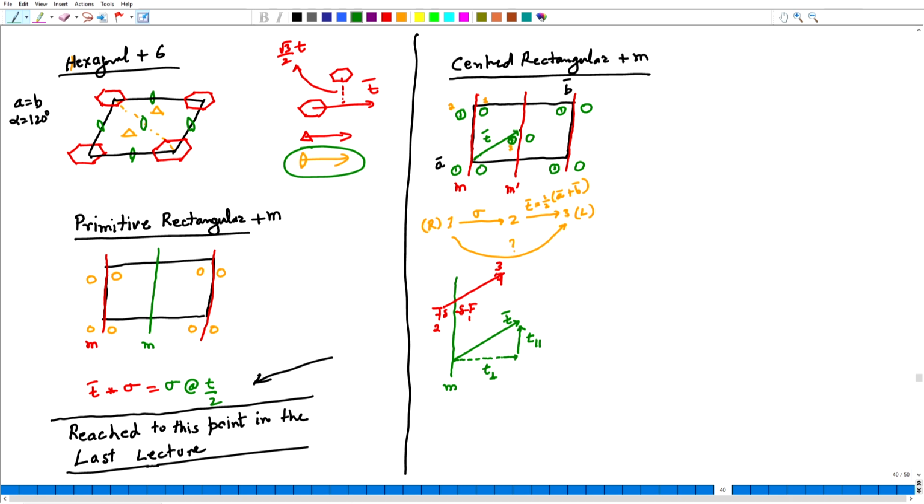Now, in the same way, this translation that I have done to take it from 2 to 3 will be broken up into the same components.